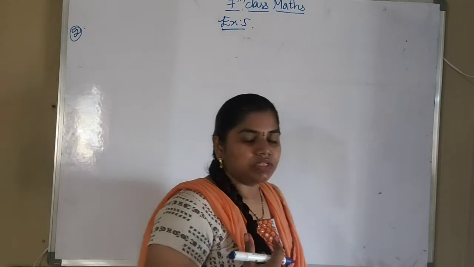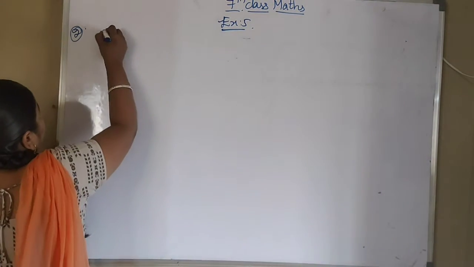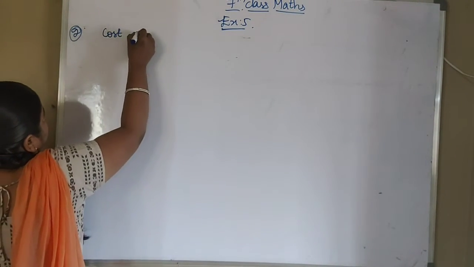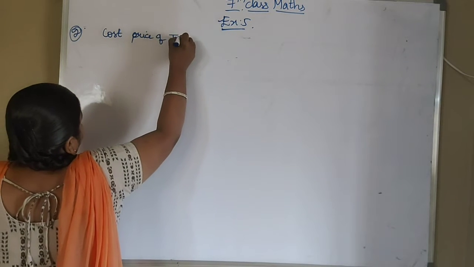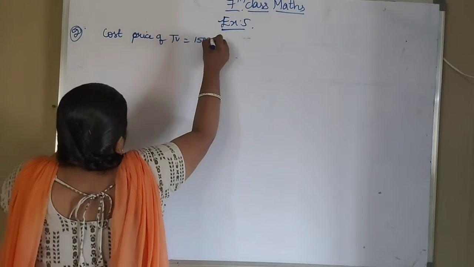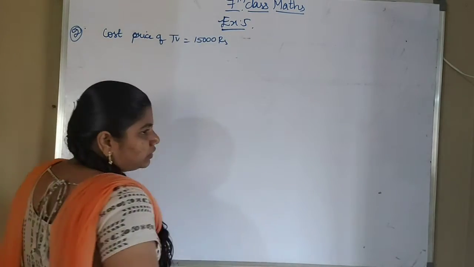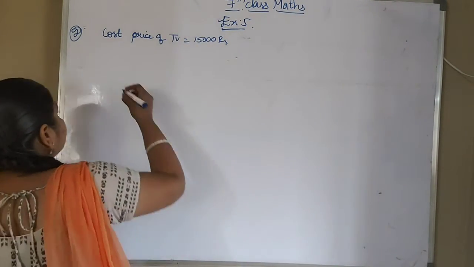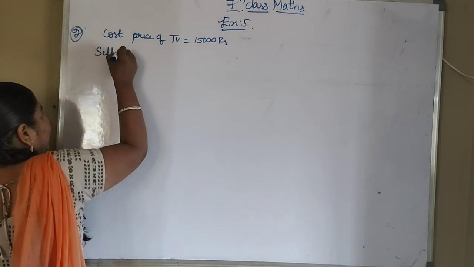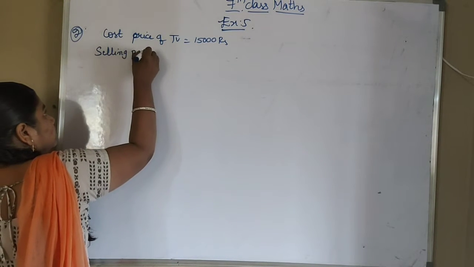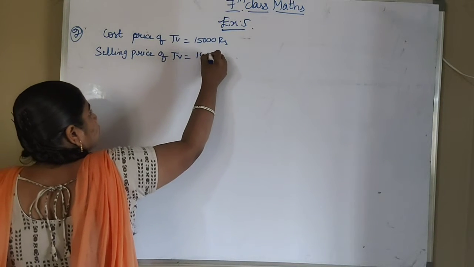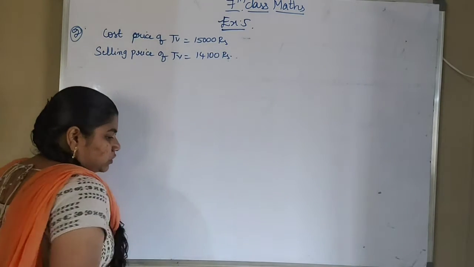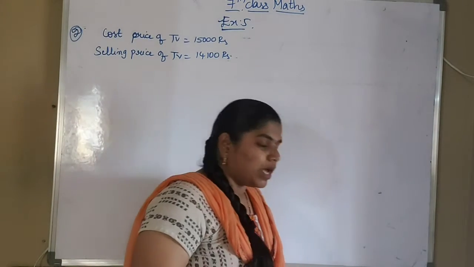Bought a TV is nothing but cost price. So the cost price of the TV is how much? 15,000. He bought the TV for 15,000. He sold. Sold is nothing but selling price. 14,100 rupees. So he sold for 14,100 rupees.